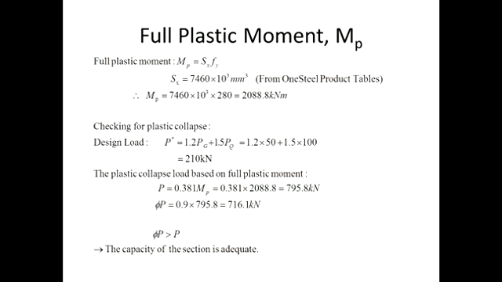And then based on the loads that we have, we can determine the value of P star. Based on the plastic collapse load, we can define what that value is, and then compare those two values, 5P and also P. So this is P star.